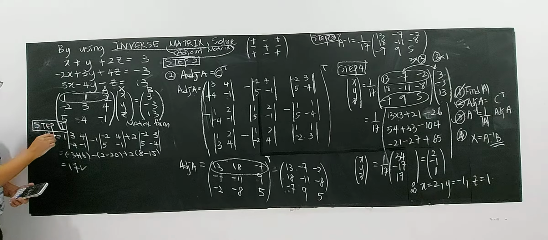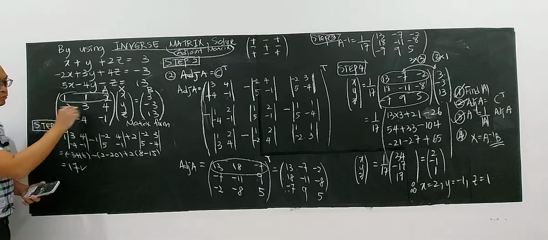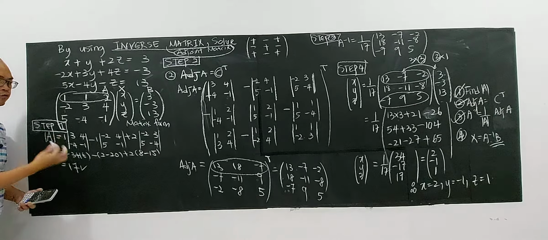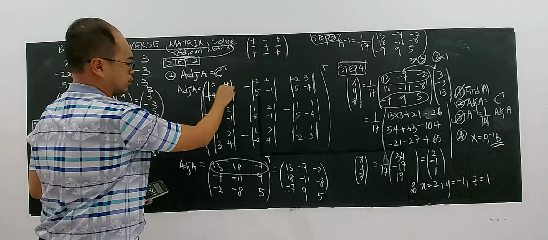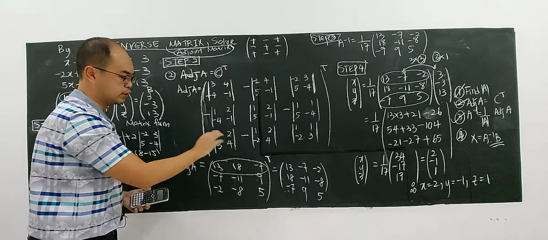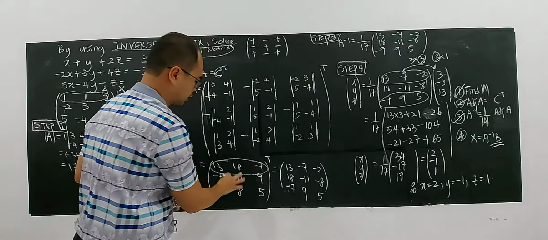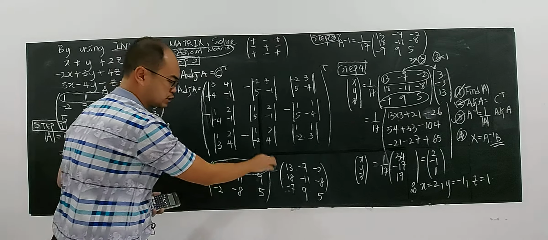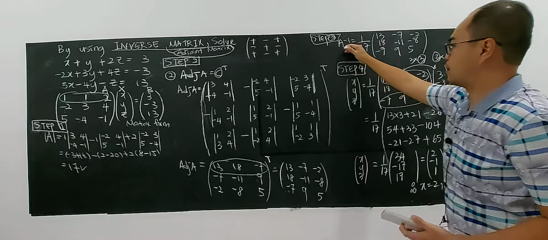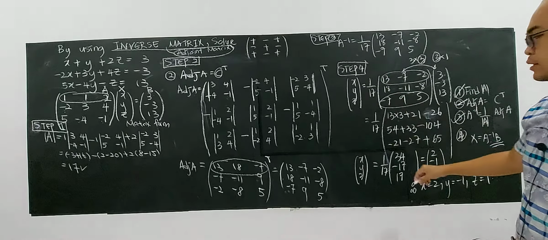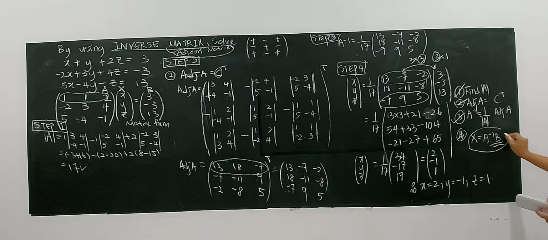Step 1, you find the determinant, which you already know how to do. Then you find the adjoint by doing all this. Be careful while you're doing this. You get the cofactor, then you transpose the cofactor. After that, you find A inverse, and finally you get the values of x, y, z by using this formula. Alright, I think that's all for this video.